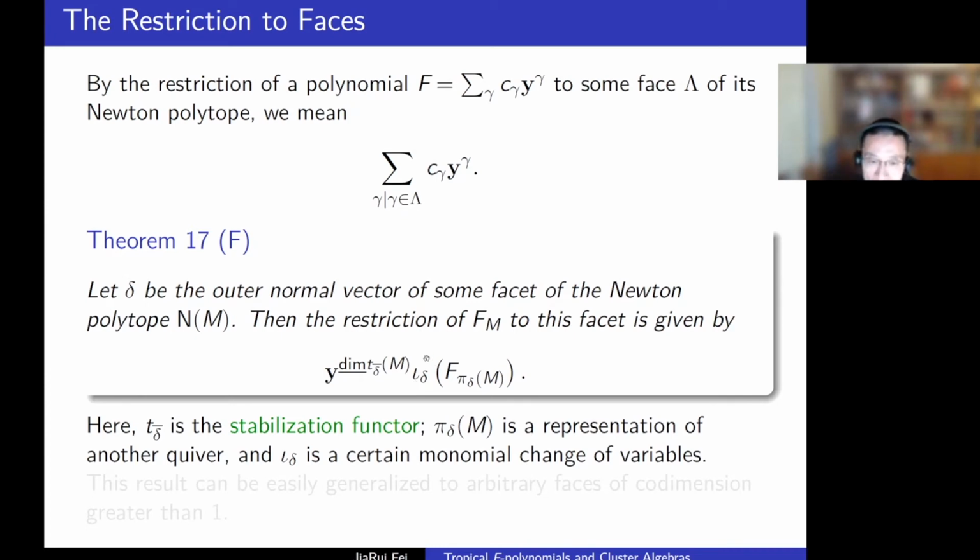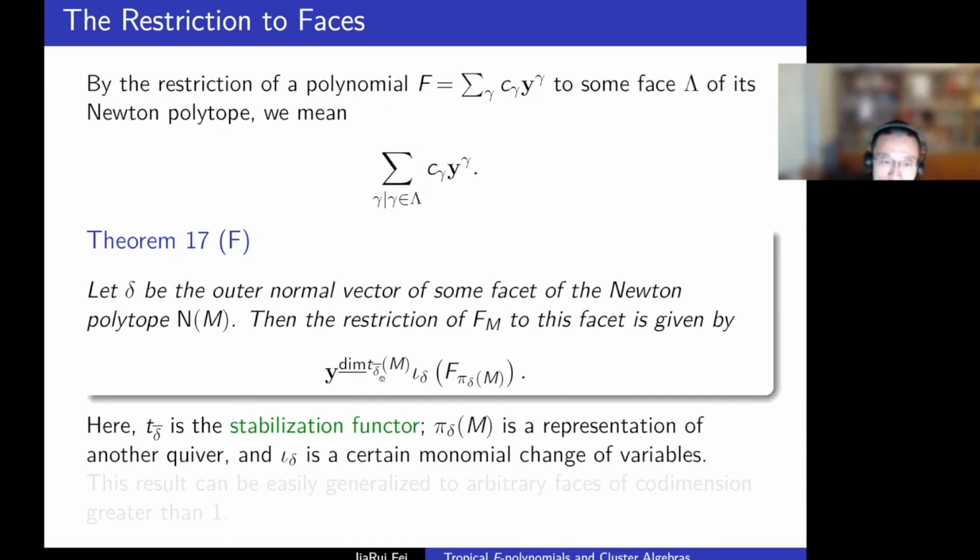And here iota delta is a very simple change of monomial, a change of variable. So this is a kind of trivial thing. But we have an additional factor, y to some power, and the power is given by a certain stabilization functor, for which I don't have time to give the details. So you have a representation, and the functor will naturally produce a delta-stable representation, and then you take its dimension vector.